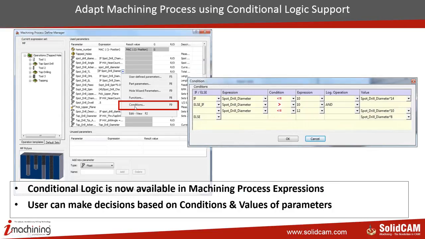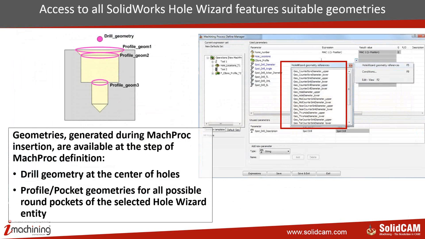We also have the option of conditions for deciding which parameters or values to use for different types of spot drills, for example. All of these we have inside our machining process, as well as recognizing the Hole Wizard. Because of the SolidWorks Hole Wizard recognition, we can also pick up the geometry features of the holes themselves.